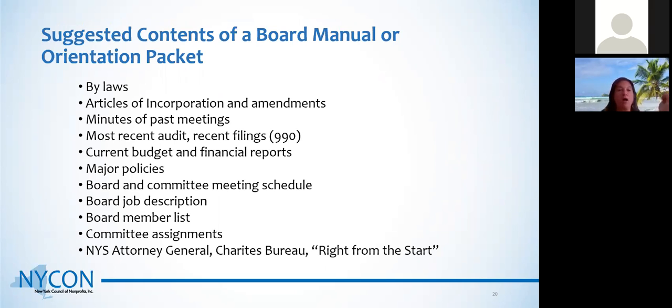So your bylaws, your articles of incorporation and amendments and the charter, your minutes of, you know, six months of past board meetings, your audit and your 990, your financial reports, your major organizational policies, collections policies, for instance, personnel policies, your committee meeting schedule for the year, board job description, what are the expectations, a board member list and their contacts and how to reach them, committee assignments, you know, who's on which committees.